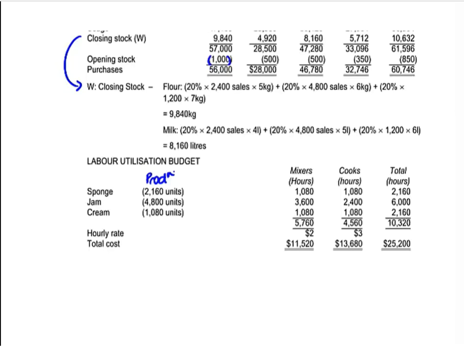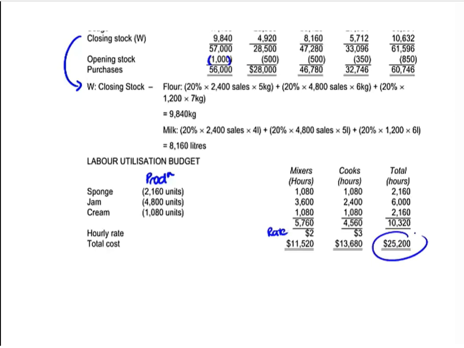So for sponge cakes, the number of sponges at half an hour each is going to give us the number of hours for mixing. For jam, it's 3/4 of an hour, and for cream cakes, it's an hour. Once we've worked out the total number of hours, we then need to multiply that by the labour rate, which is $2 for mixers and 3 for cooks, to give us the total labour cost.